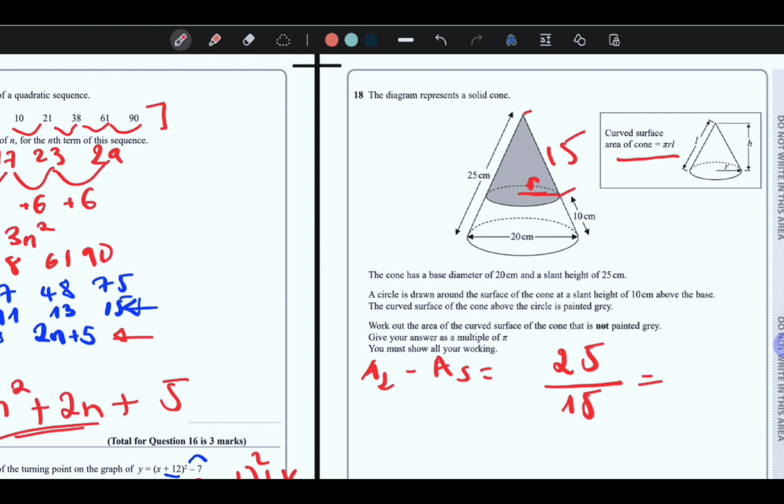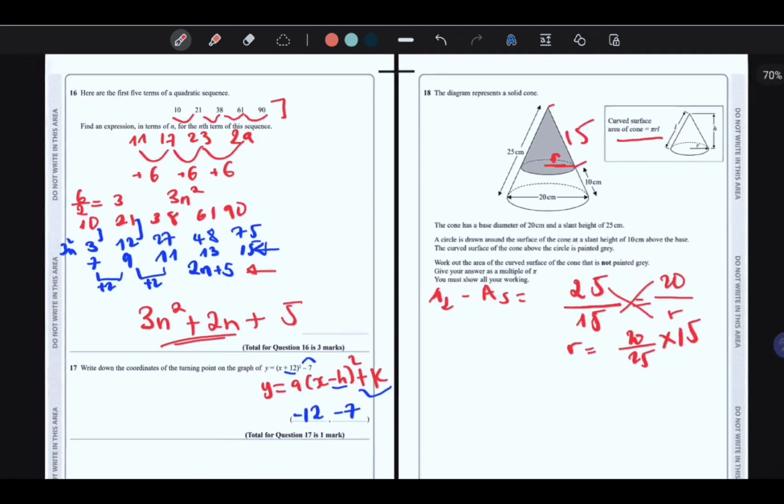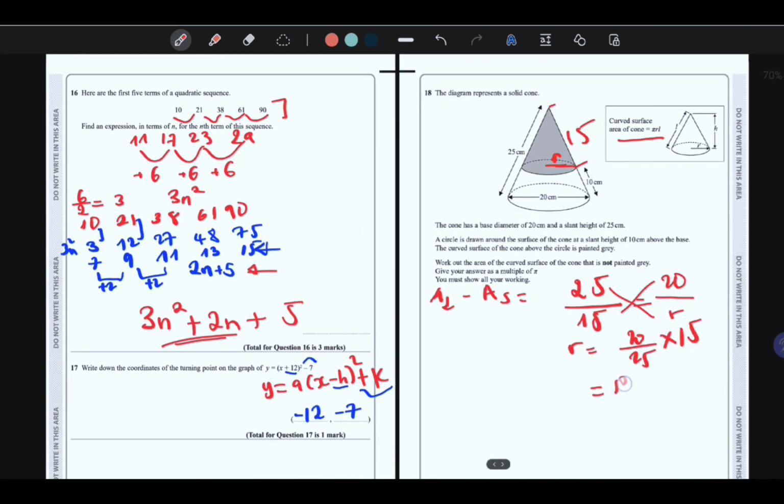And that ratio should be the same as the radius of the large cone to the radius of the smaller cone. So R would be equal to 20 over 25 multiplied by 15, if I cross multiply here. And that should give me 12. So this is 12 centimeters.